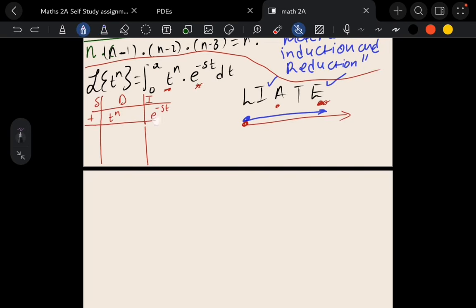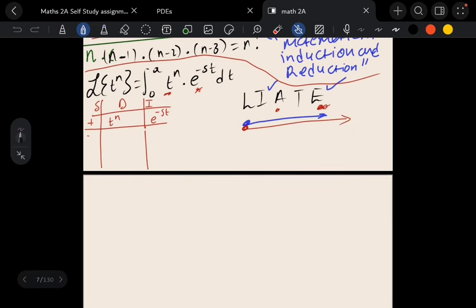That was the procedure. The next thing that you need to do, I'm going to put minus the derivative of that. It's going to be n times t to the power n minus 1. The integral of that is negative 1 over s e to the power negative st. Continue doing, plus it's going to be n times n minus 1 t to the power n minus 2.